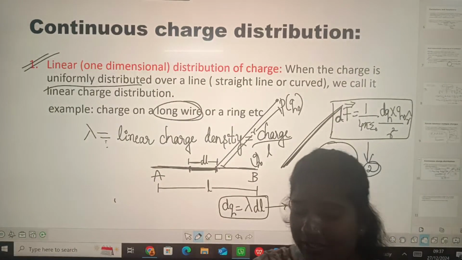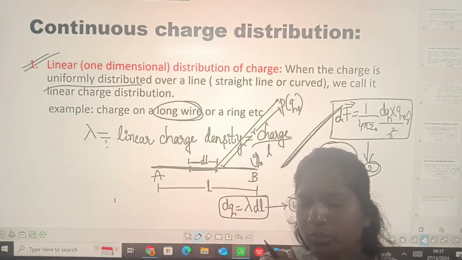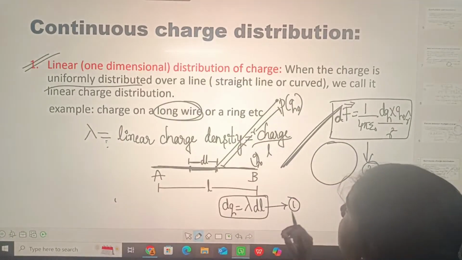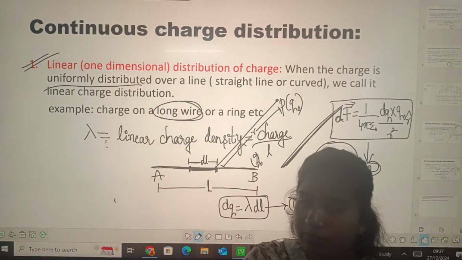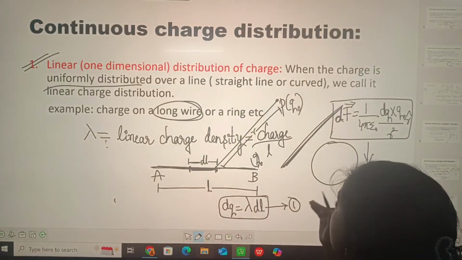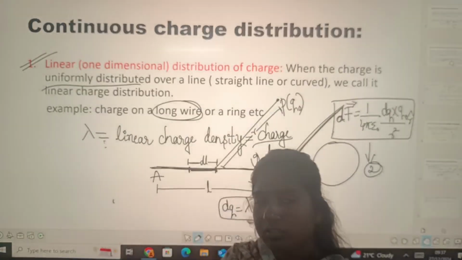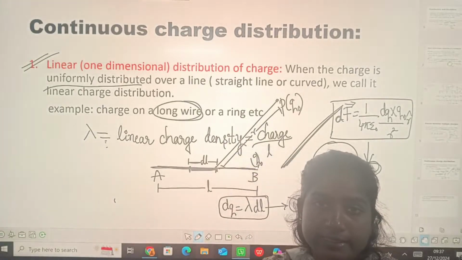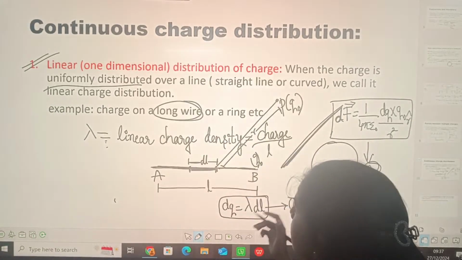So the continuous charge distribution in one dimensional form: when the charge is uniformly distributed over a straight line or a curved line, we call it a linear charge distribution.